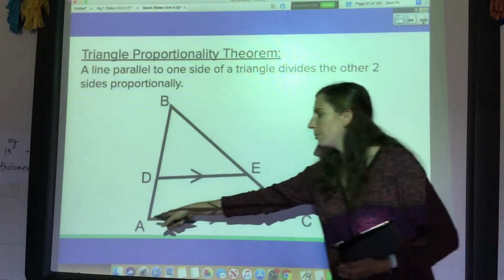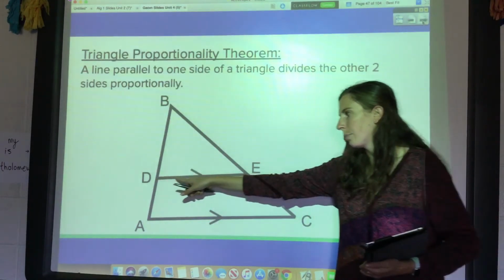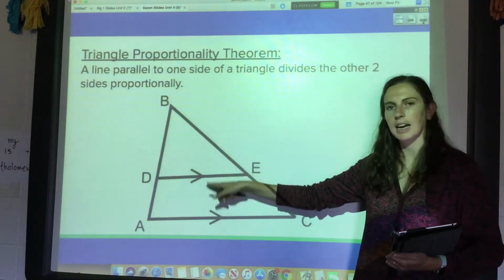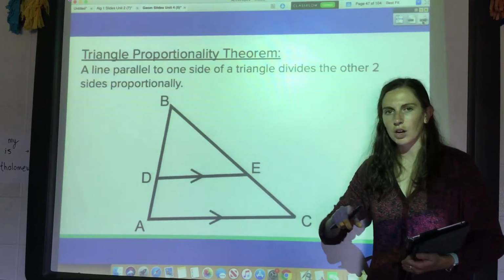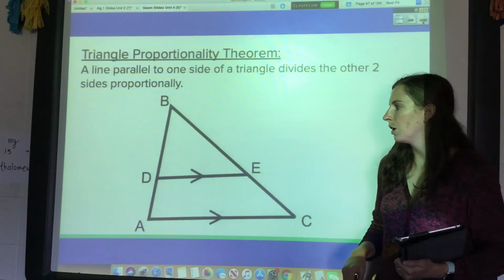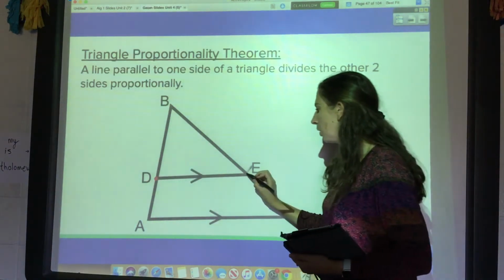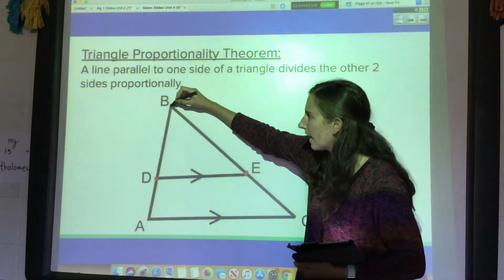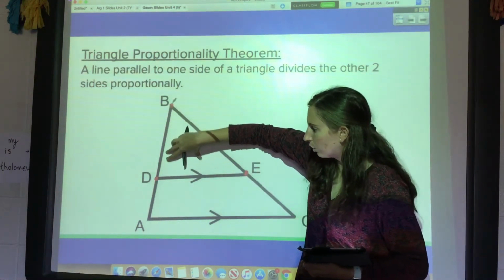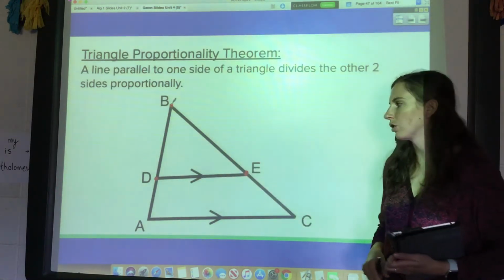If I have this big triangle and I cut across it with a parallel line, parallel to this side here, first of all, it creates two similar triangles. We know that because if you were to basically dilate out from this point and grow this triangle into this one, it would be a similar triangle.